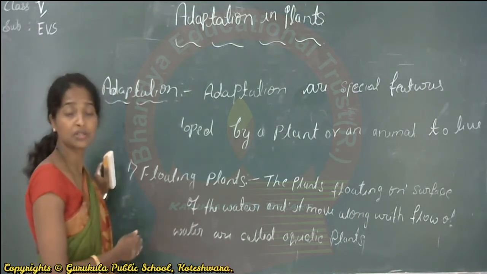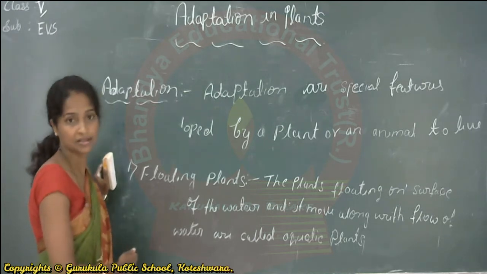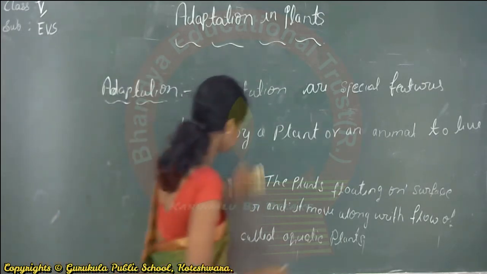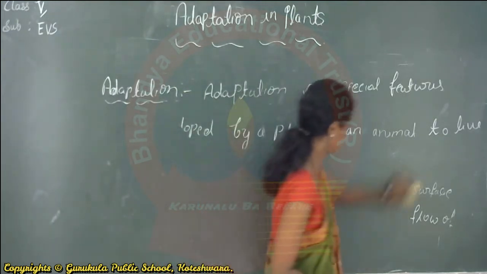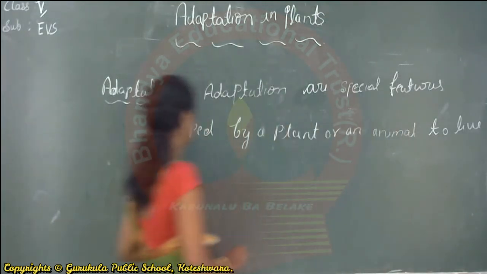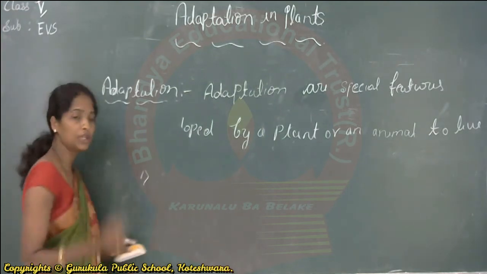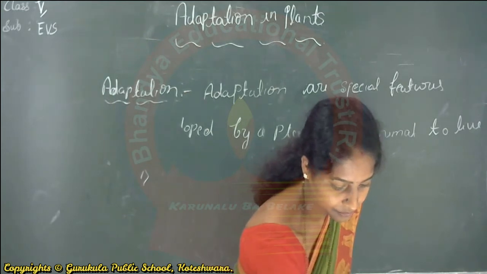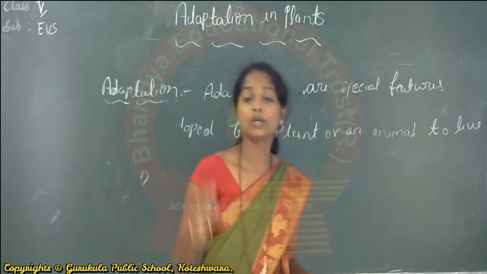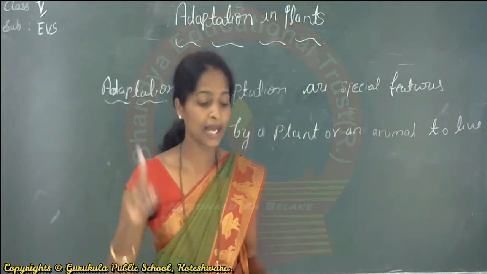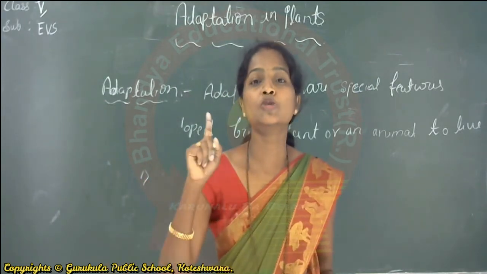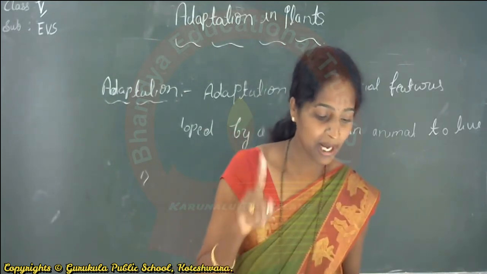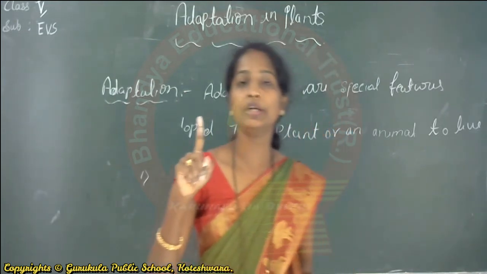What features do they have? First one is: floating plants have light and spongy stems.